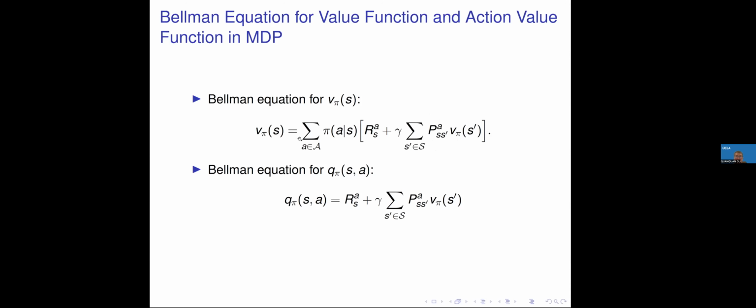This is the Bellman equation for the value function, and similarly, we can derive the Bellman equation for the action value function, or the Q function. We just remove the outer summation with respect to the stochastic policy.